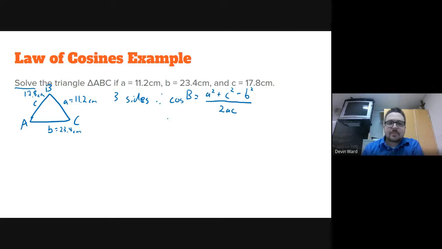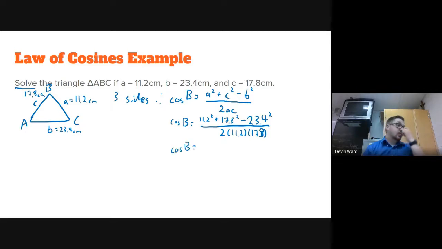Okay. So cosine of B would be equal to 11.2 squared plus 17.8 squared minus 23.4 squared, all over 2 times 11.2 times 17.8. That is an 8, believe it or not.